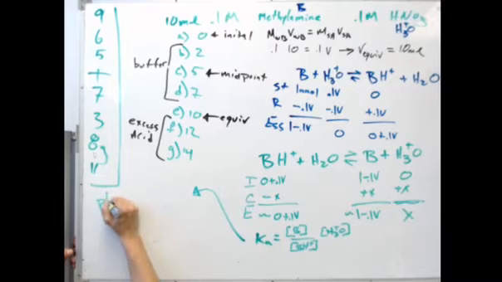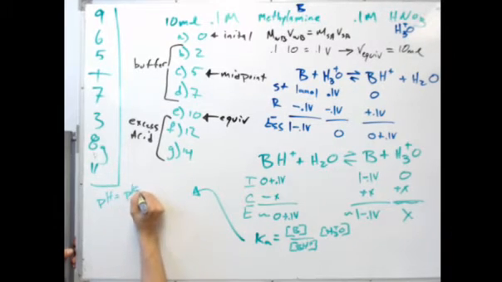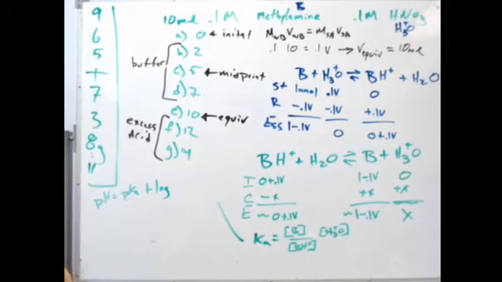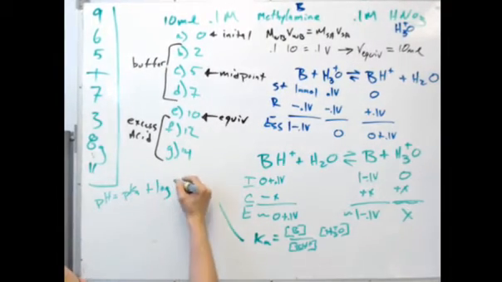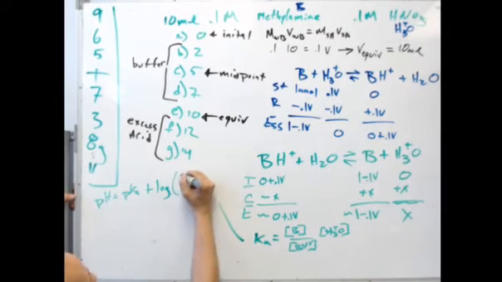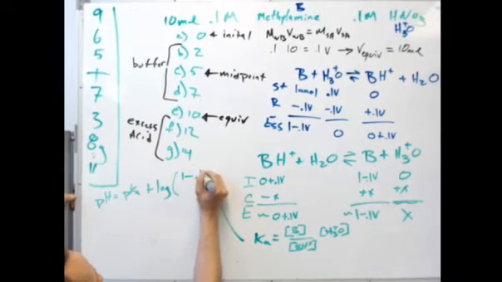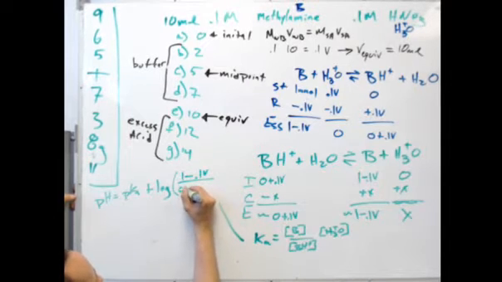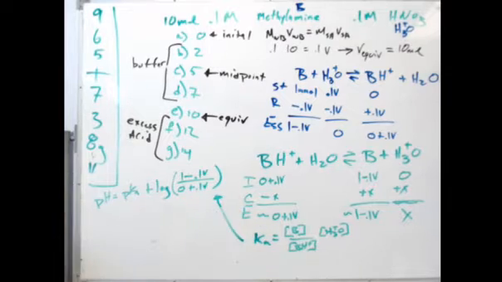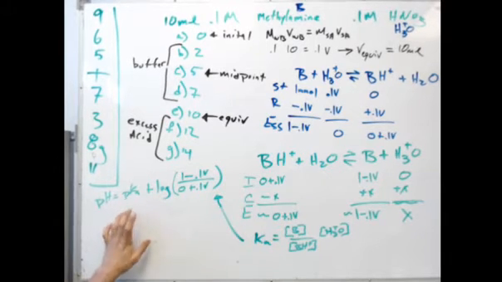We get pH is equal to pKa plus log of products, 1 minus 0.1V, divided by reactants, 0 plus 0.1V. Now for those 3 points, 2, 5, and 7, I can just plug in whatever I have for V and solve, as long as I've got the Ka.